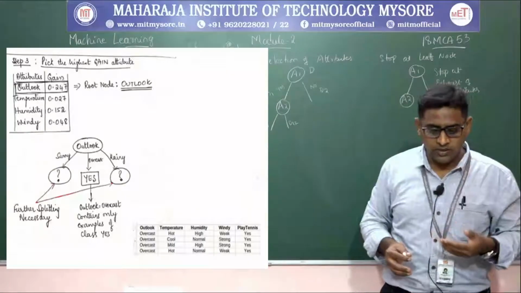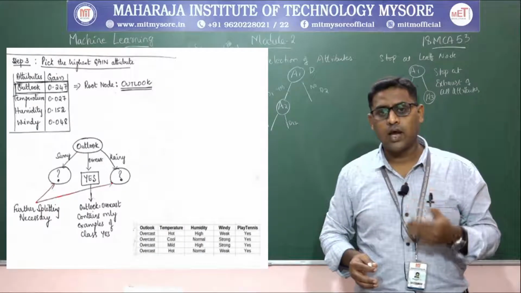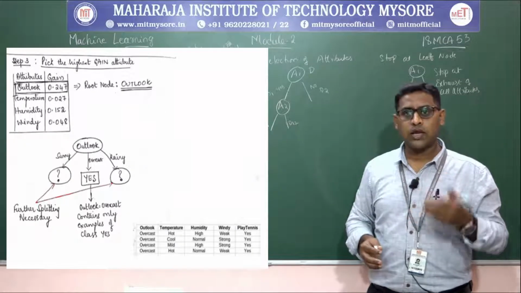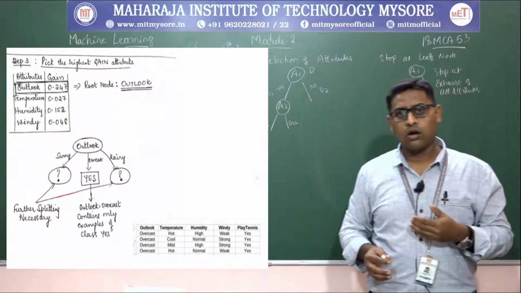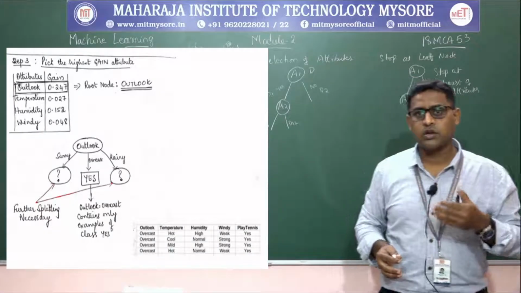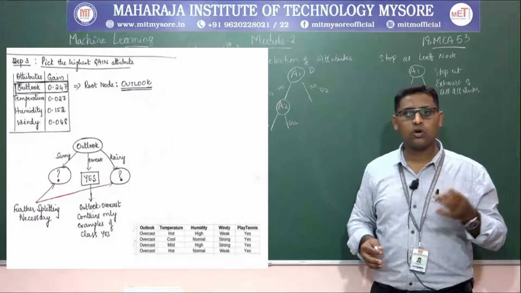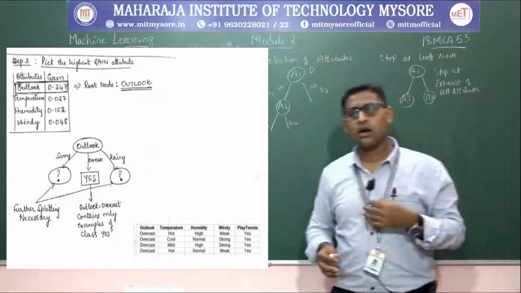Now you tabulate all those values, the gain values we have obtained for all the attributes: outlook, temperature, humidity and windy.